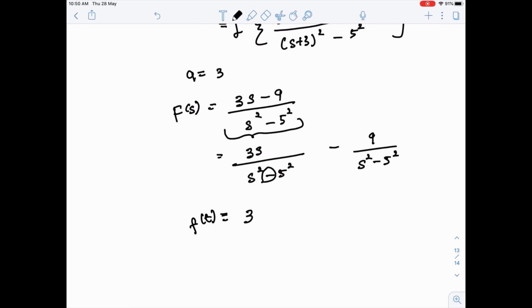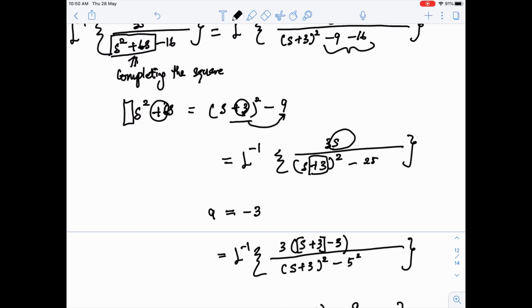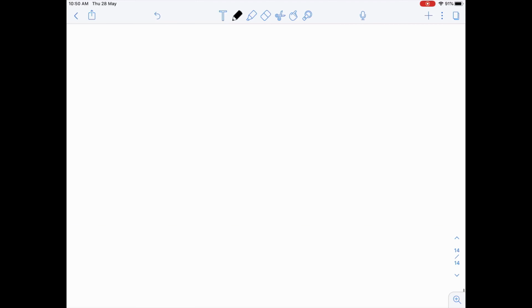since here is negative, you will get the answer in terms of cosh, with a being 5, so 5t. And then over here you have your 9, and you need to have a 5 over here.